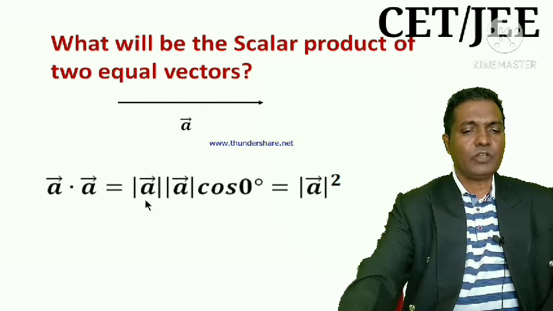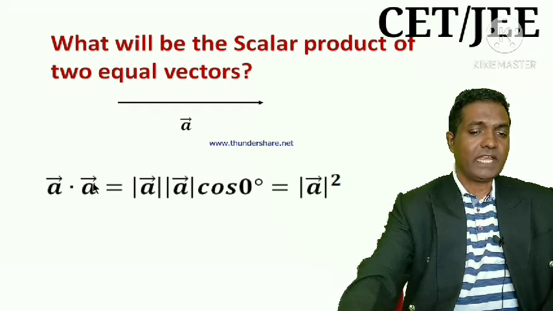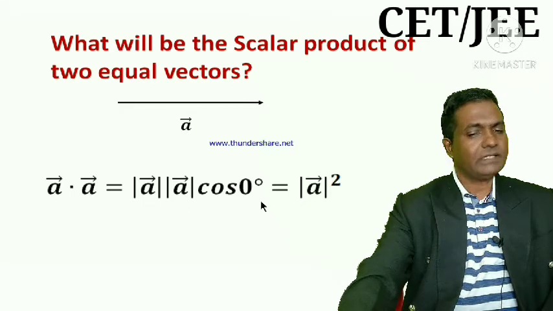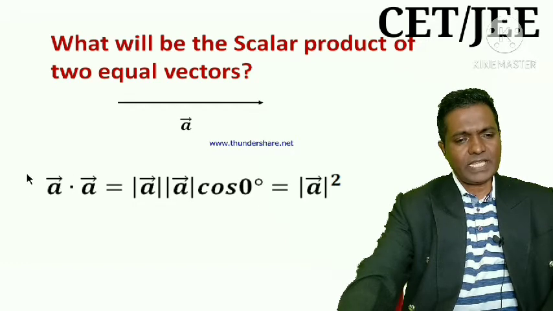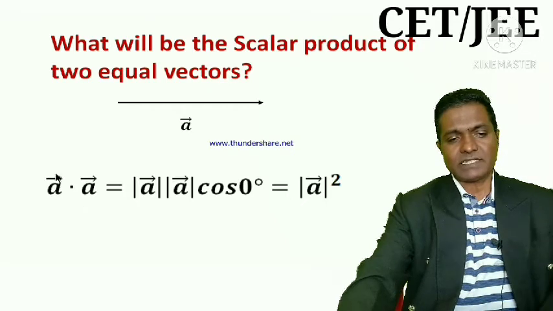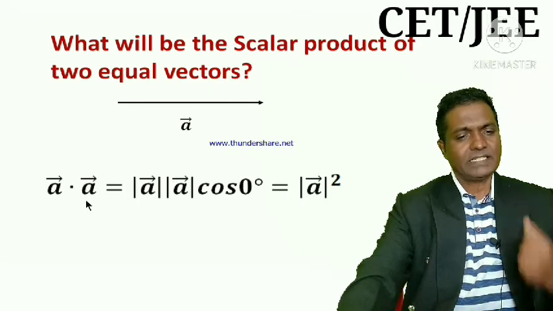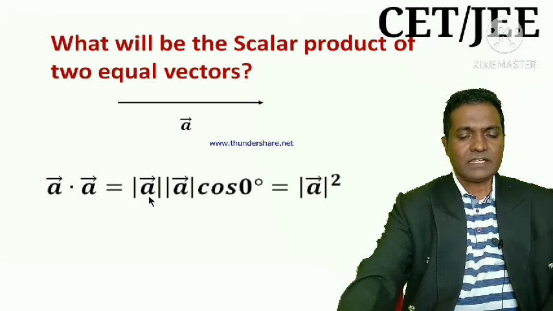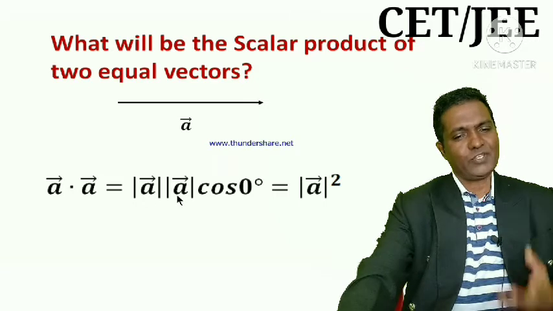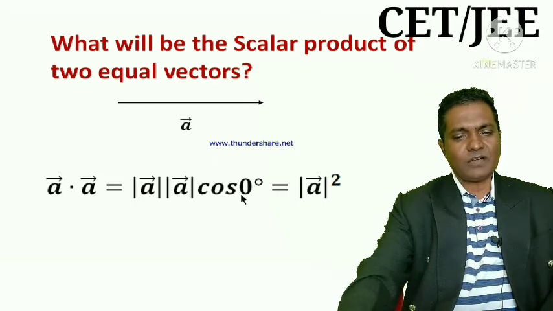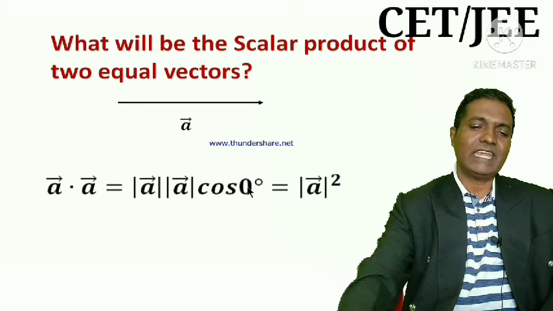Now as we all know, the dot product of A and B is defined as magnitude of A, magnitude of B, and cos of the angle between them. So here the dot product of two similar or equal vectors, vector A dot vector A, is nothing but magnitude of A into magnitude of A into cos of the angle between A and A.